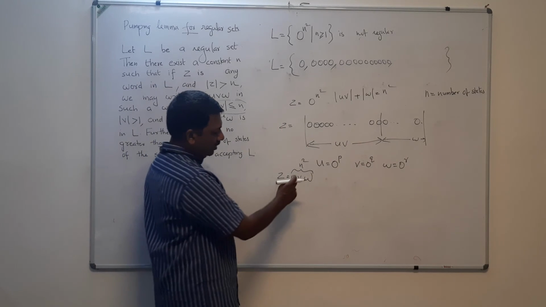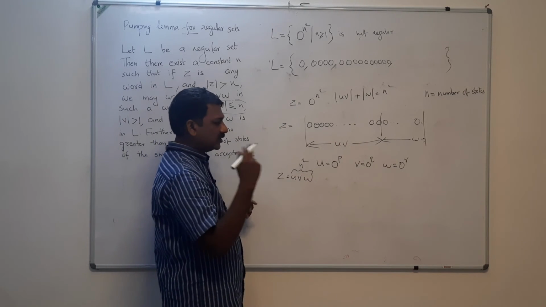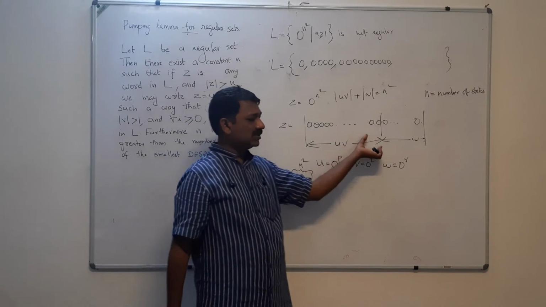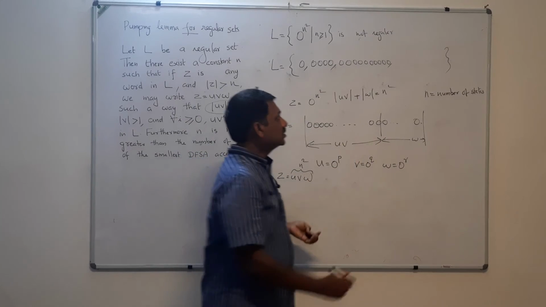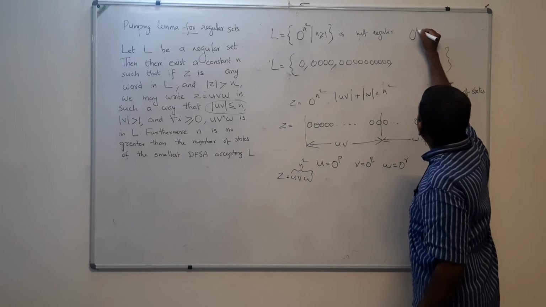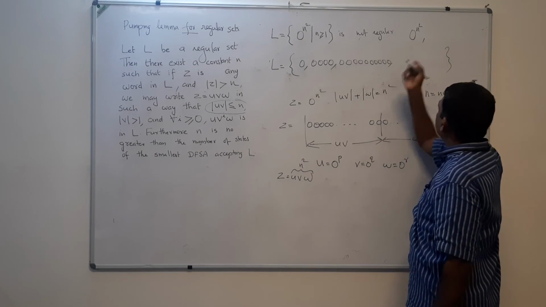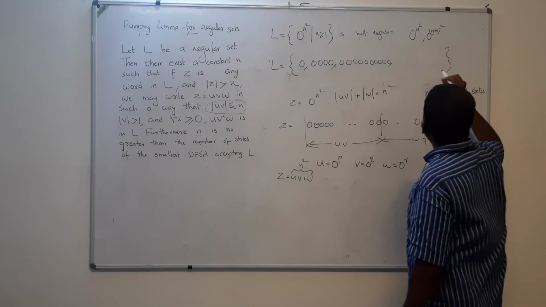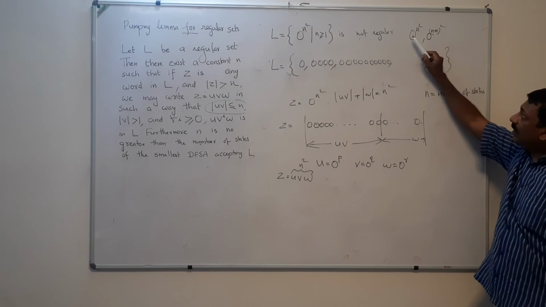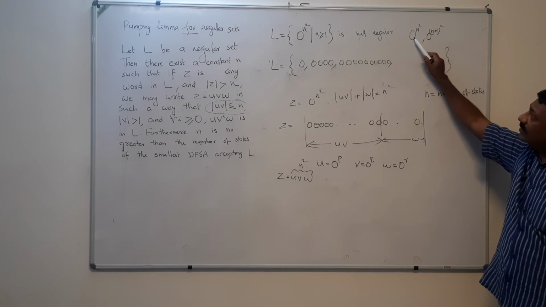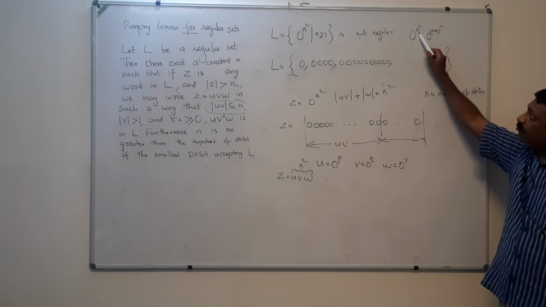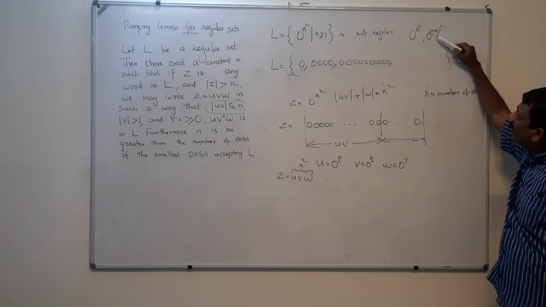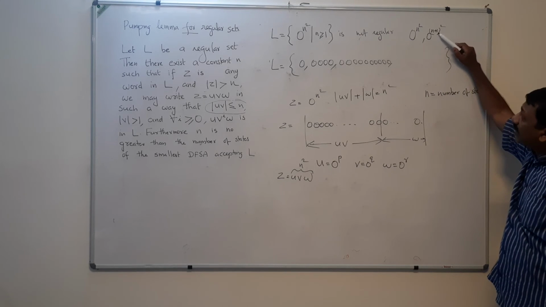When you are pumping at this point, after the first pumping, suppose that this is accepting 0 raised to n square, next string it has to accept is 0 raised to n plus 1 square. Now this is accepting a string of length n square, or n square number of zeros. Now the length of the string that has to be accepted is n plus 1 square.